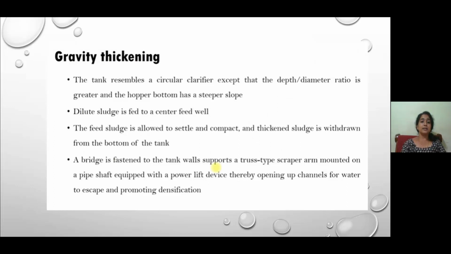This resembles a circular clarifier, that is a secondary clarifier, and the sludge loaded here is diluted sludge, that is sludge in the form of liquid.